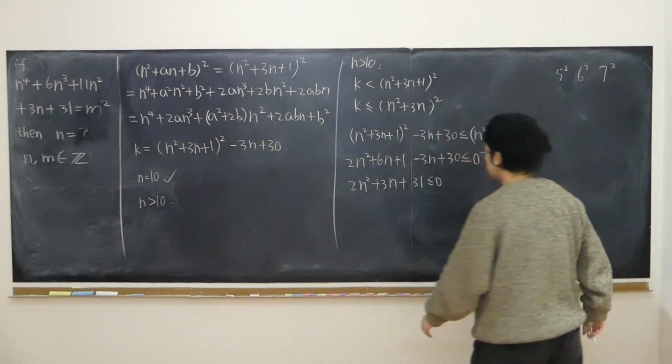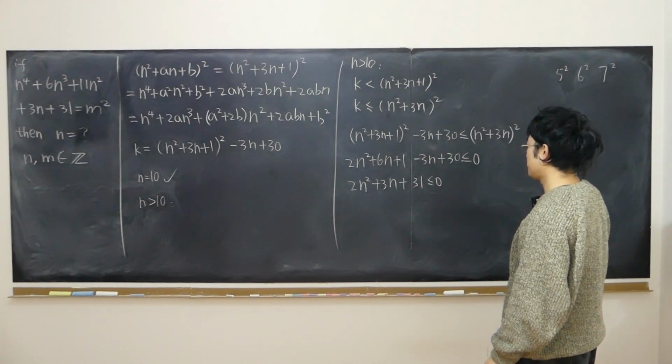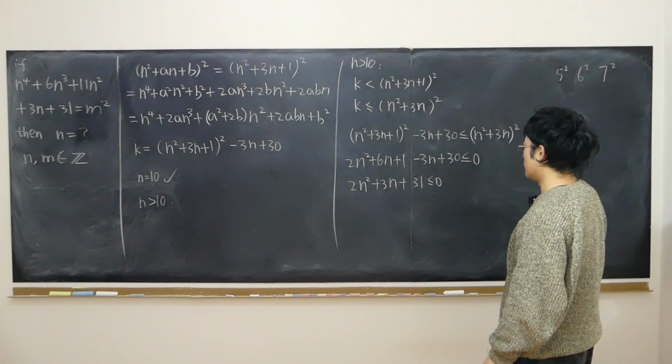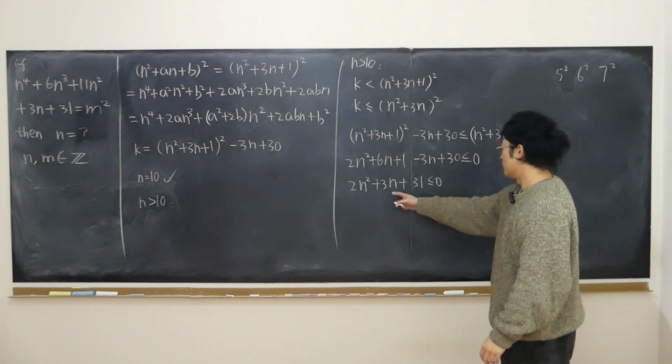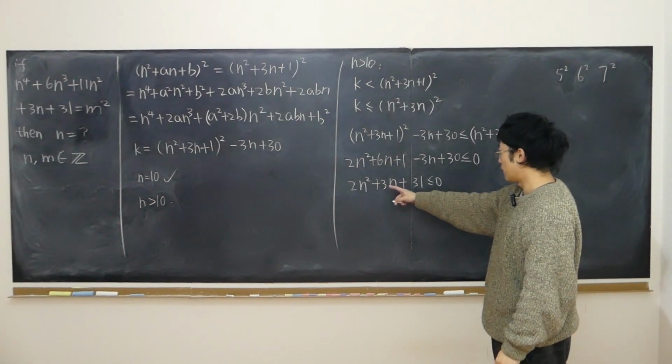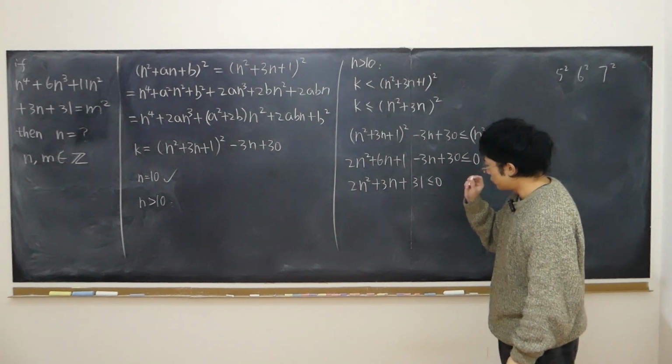Is it possible for k to still be a perfect square? Well, just check the discriminant, b squared minus 4ac, right? 9 minus 8 times, so whatever. So it is already strictly less than 0.